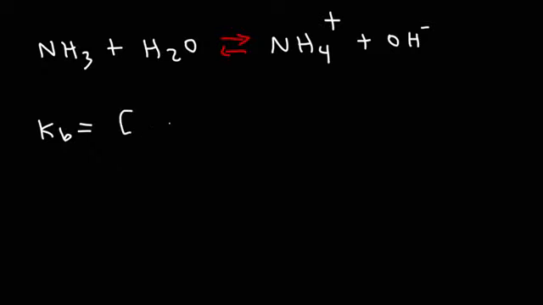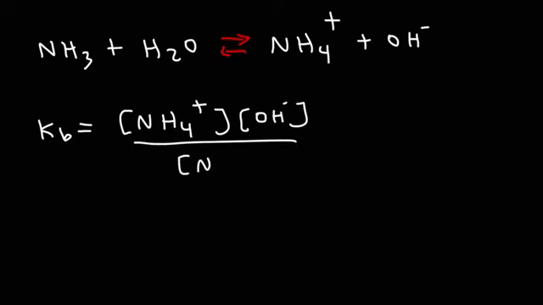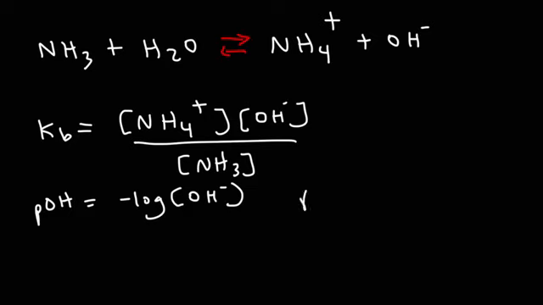Kb, like Ka, is equal to the concentration of the products divided by the concentration of the reactant. Now, using ICE tables, you want to calculate the concentration of hydroxide, because once you have that, you can calculate the pOH using this formula. And then once you have the pOH, you could find the pH.